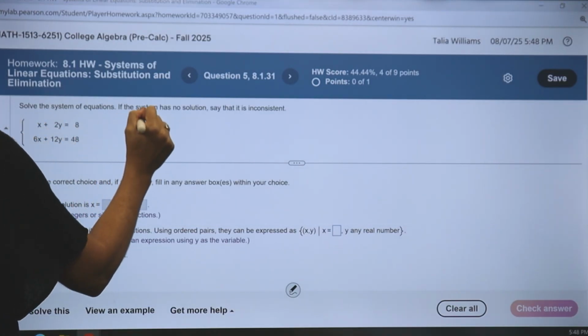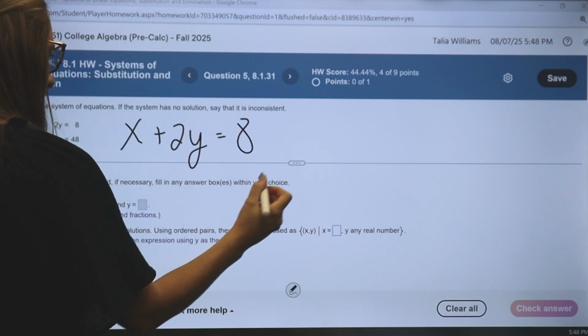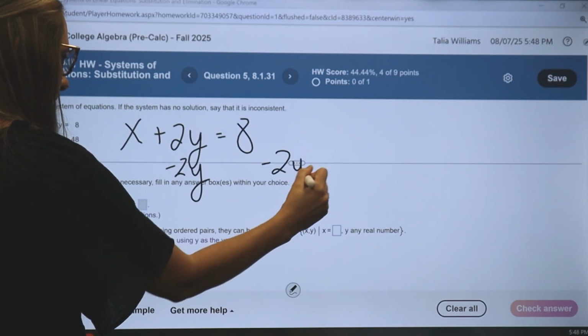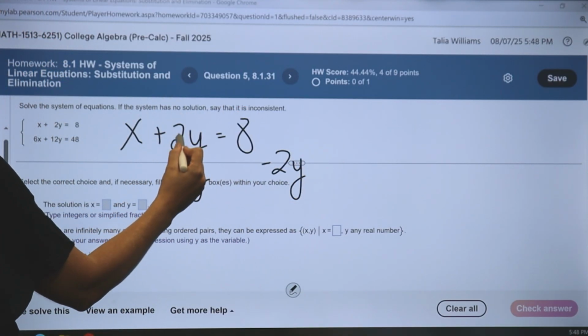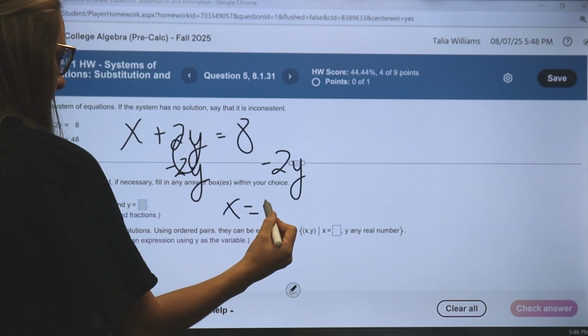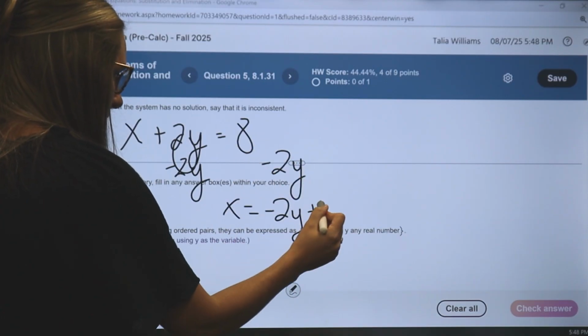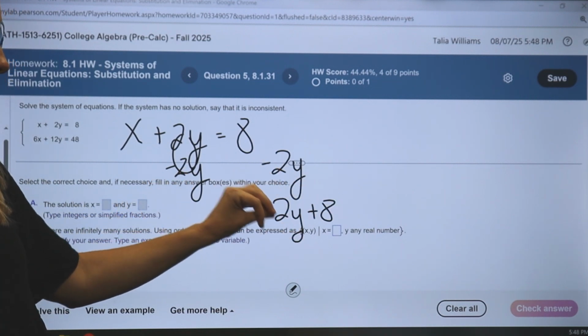So my top one, I would subtract my 2y because I need it to be x equals, so everything that's not x has to go. So 2y subtract 2y is 0. So x equals, I'm going to put the y first, it's just habit. And it's a positive 8, so plus 8. Now if I had like 2x or 3x, I would go ahead and divide by whatever is with my x value.